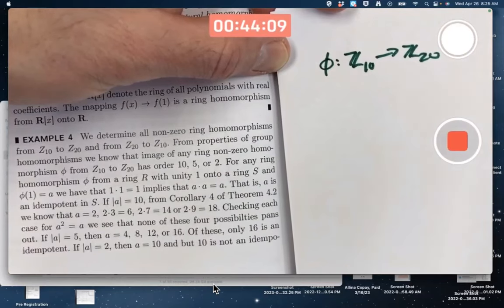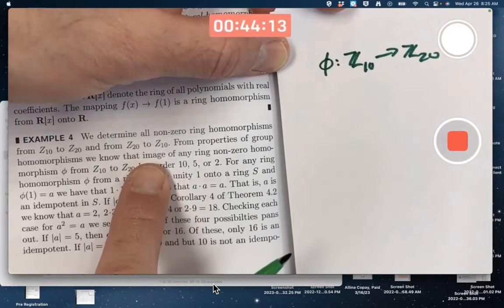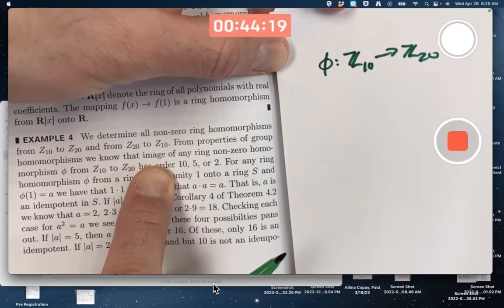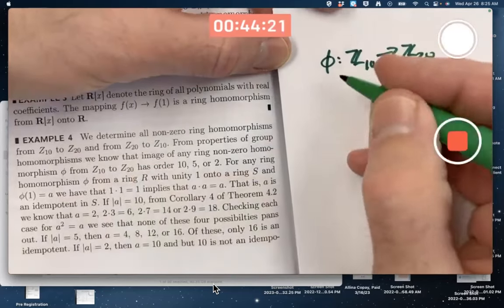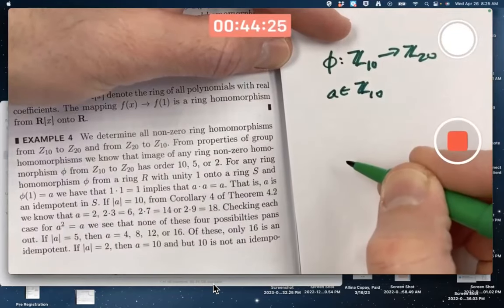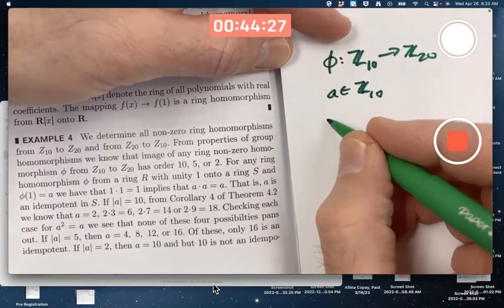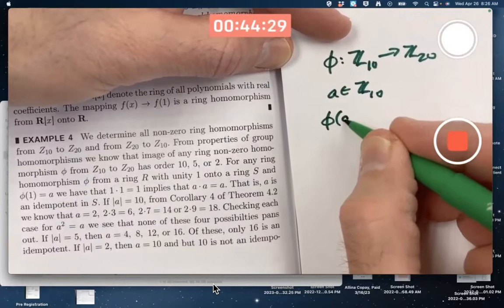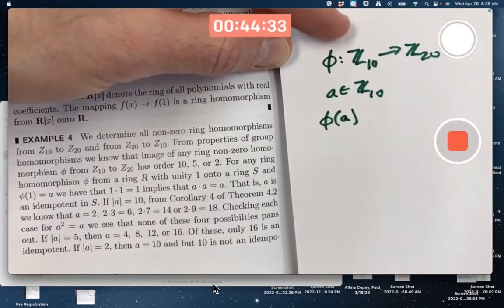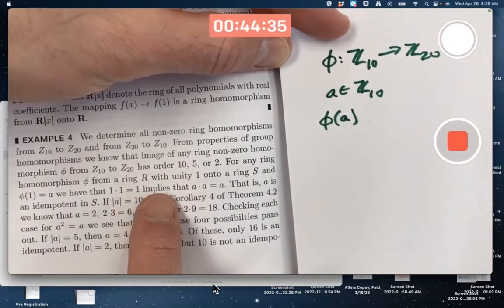It's implied that we're talking about the image of an element. If A is an element of Z10, the author is talking about the image, the output phi of A.